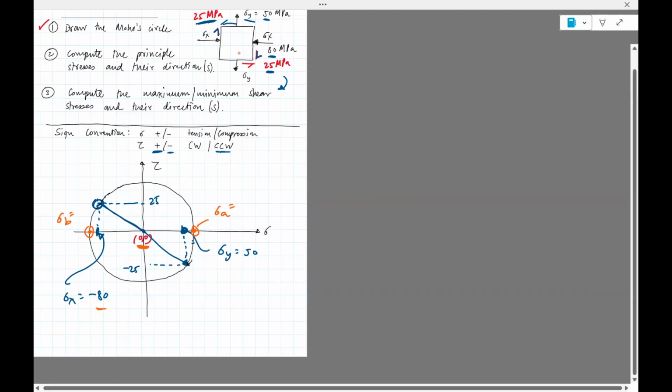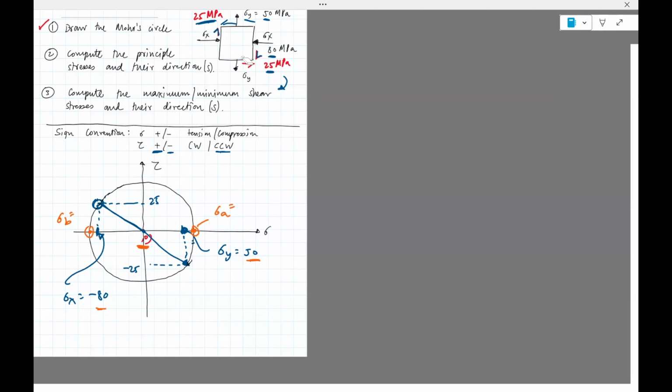This is minus 80. This is 50. So the midpoint of the circle is not at 0. Where would it be? Slightly on the left, but do you know the exact coordinate? You can get it from that minus 80. So minus 80 plus 50 is minus 30 divided by 2. So it should be minus 15. So that's why my figure was not looking right.